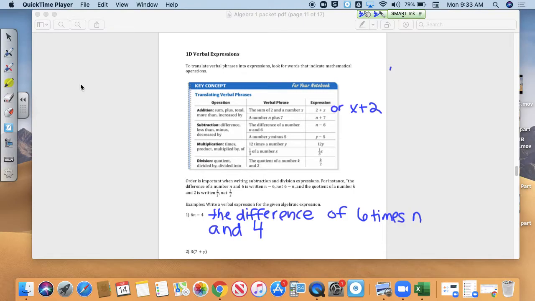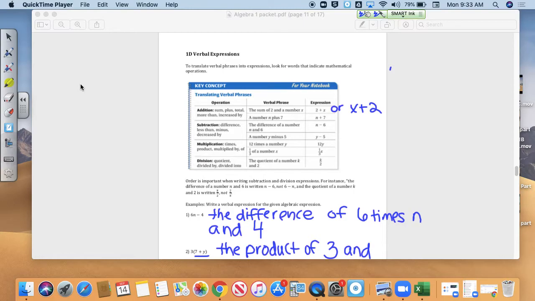All right, the next one, 3 times the quantity of 7 plus y. So there might be a few ways to write this, but I'm going to say this is going to be the product of, since product means multiply, and the two things that are being multiplied are 3, product of 3, and the second part is kind of hard because it's a quantity.